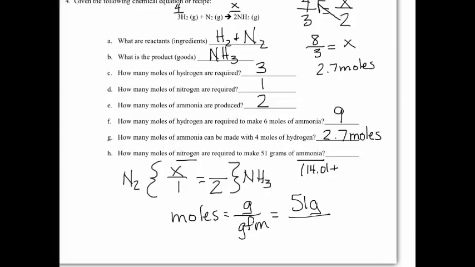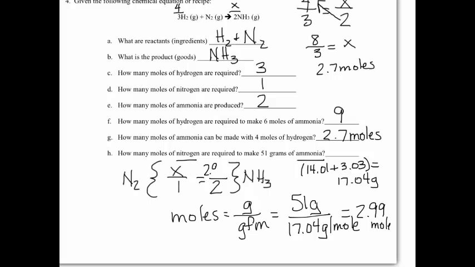Hydrogen is 1.01 times 3 would make it 3.03, and you're going to end up with 17.04 grams. So our GFM is 17.04 grams per mole. And when we calculate that, you're going to get 2.99 moles. So that's the number that's going to go here.